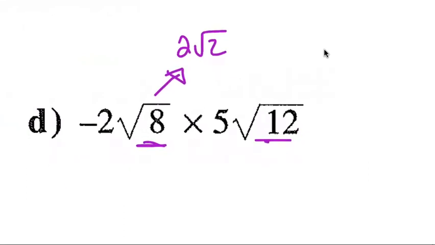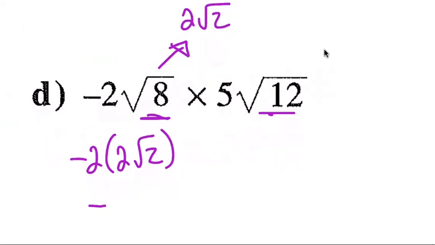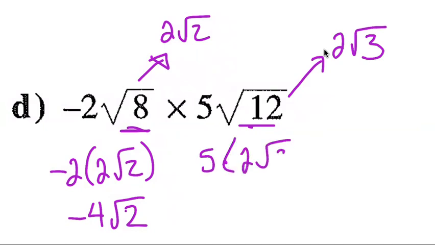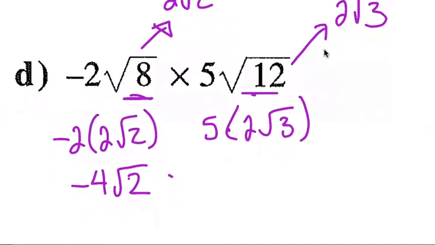So this is going to be -2 times 2 root 2, which is -4 square root 2. And I've worked with 12 so many times that I know that that's going to be 2 square root 3. So that's going to be 5 times 2 square root 3, which is 10 square root 3.